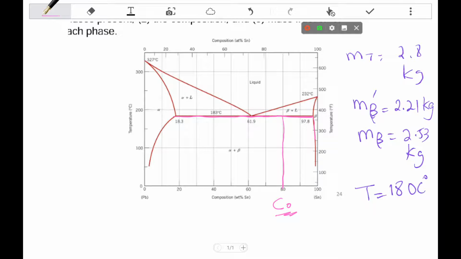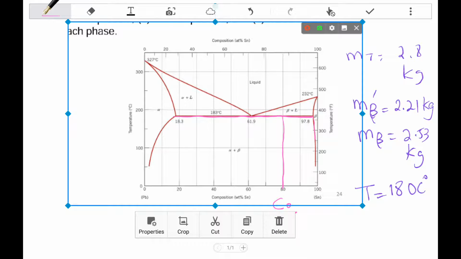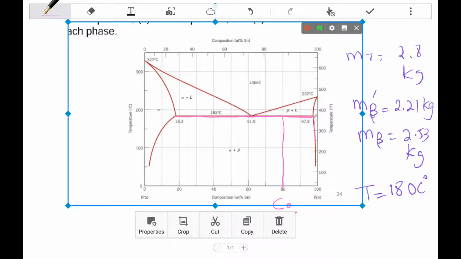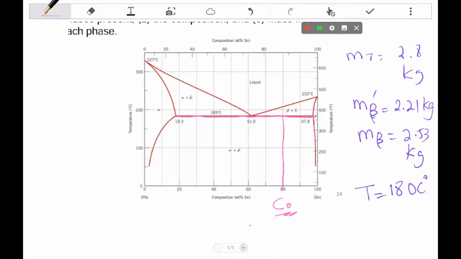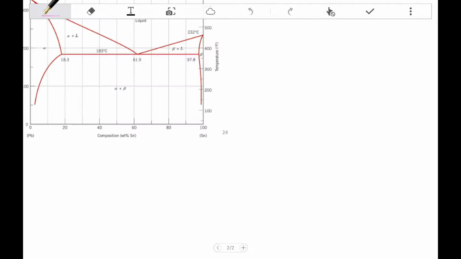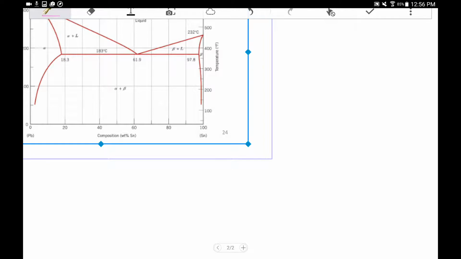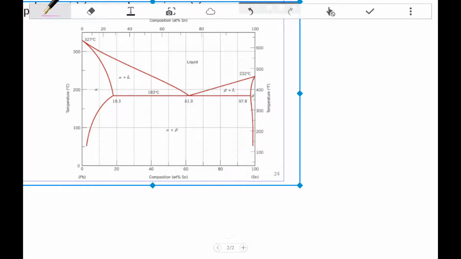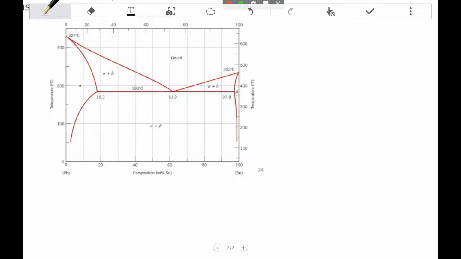And then next, let's take our graph with us. Alrighty, so let's draw that again here.